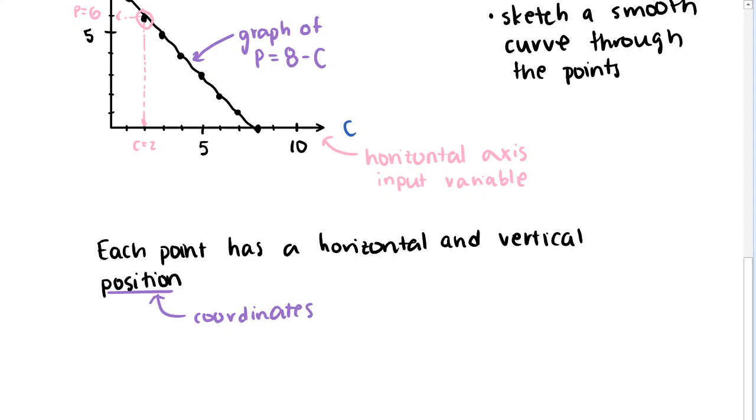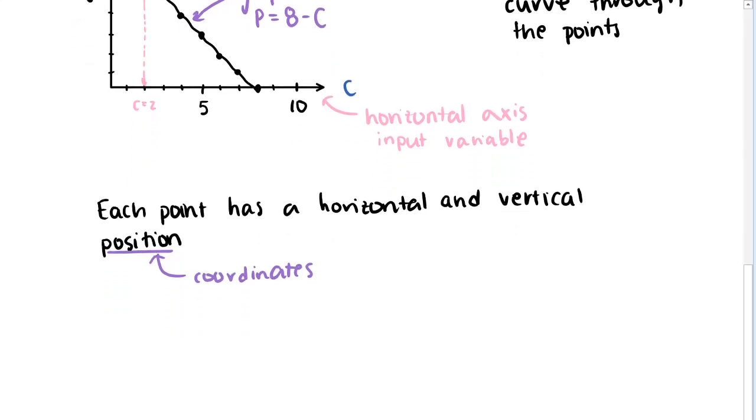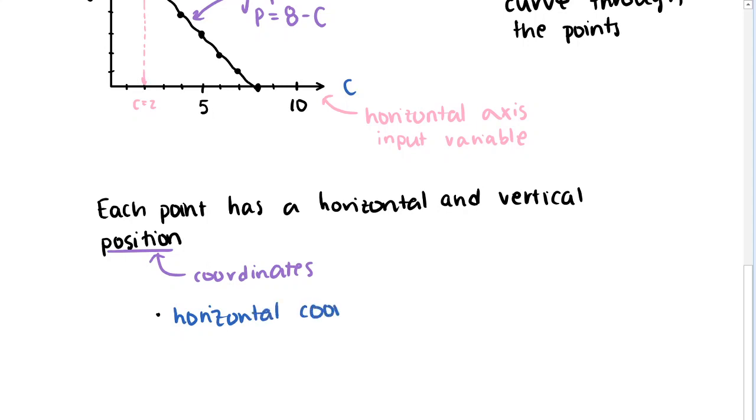And so, in the above example, here we circle this point with the c value of 2 and a p value of 6. Well, that horizontal position, we said that horizontal coordinate is 2, right? So for our point above, the horizontal coordinate is 2, and the vertical coordinate, the position of the point relative to the vertical axis, is 6 in that case.